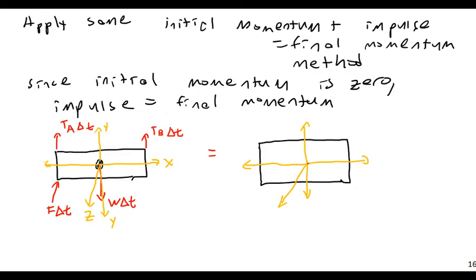So first I would have Vx times the unit vector i, and then I would also have a linear momentum in the z, so some Vz bar times k.